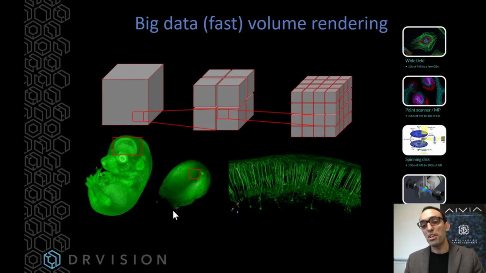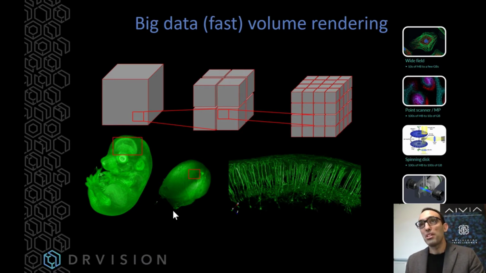The fast surface rendering comes on the heels of the story we started with Aivia 6, which was fast volume rendering. And volume rendering is really the first type of data rendering that people typically use after acquiring the images. It is good for visualizing results, not ideal for looking at or visualizing raw data, not ideal for looking at segmented data and actual results.